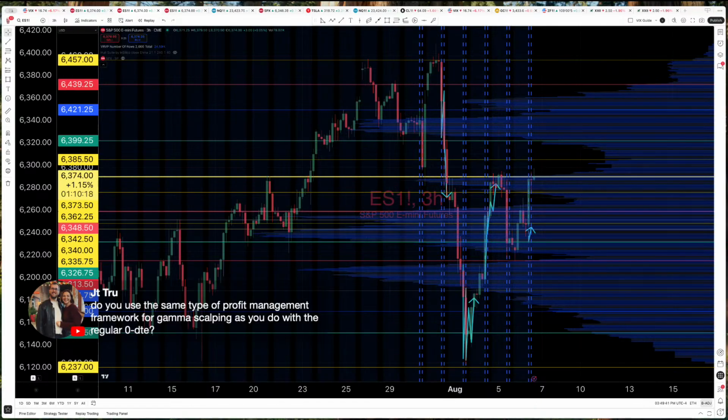With the 0DTE trade, your gamma is super low in the morning, and when you're in a profitable situation, you have more time to react. Also, because you're early in the morning, there's more volatility, so you can typically give yourself a much wider zone of tolerance. So that's how it would basically differ.